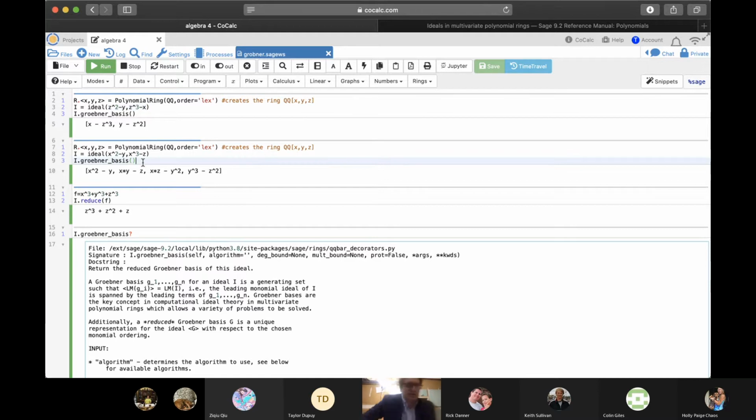There's another thing you can do. Now notice that I didn't permute the x and the z in this example here, right? And if I compute the Gröbner basis, I get something much longer. We already see some of the terms here.